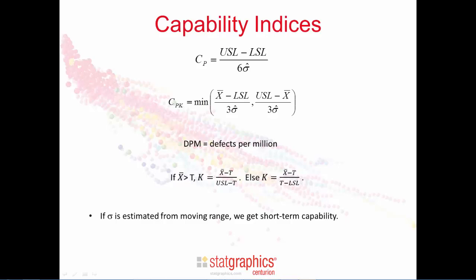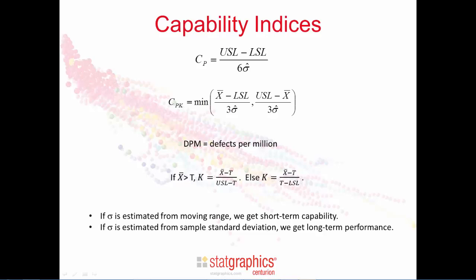If we plug an estimate of sigma obtained from the moving range into our equations, then we're estimating the short-term capability of the process. Another way to estimate sigma is by using the sample standard deviation S, the ordinary standard deviation of the n observations we've obtained. If we plug that sigma into these formulas, we estimate long-term performance of the process.